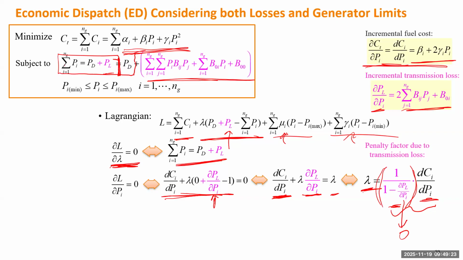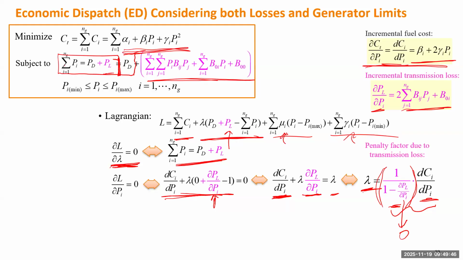But because we consider transmission loss, when you sell electricity, you're not just selling electricity to your terminal at the same location. It's like you package electricity and ask a truck to deliver it to the user. You have to go through the power network. Then the transmission loss needs a little fine tuning of your incremental cost.